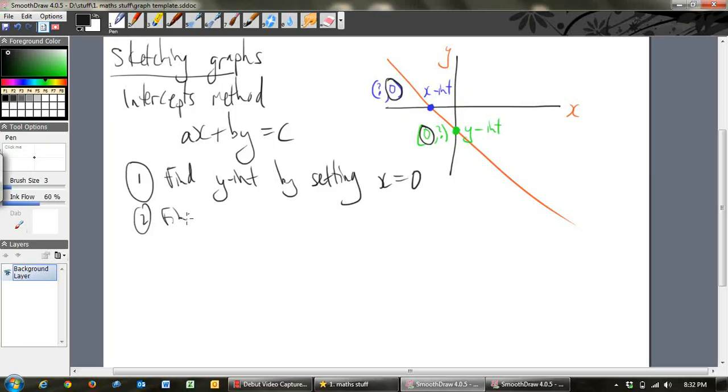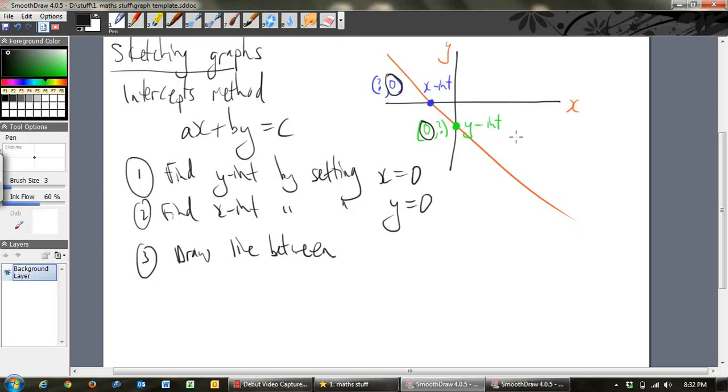Secondly, find the x-intercept by setting y equal to 0. Third step, draw a line between them. Join the dots. That's the method: find the x-intercept, find the y-intercept, draw a line between them, job done.